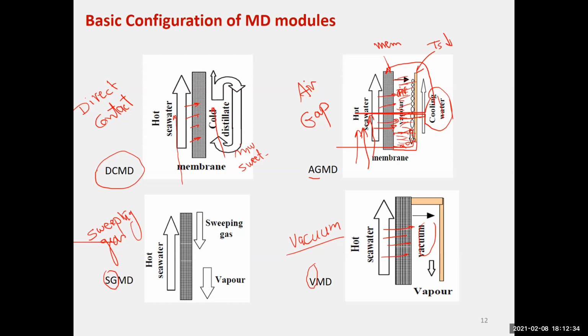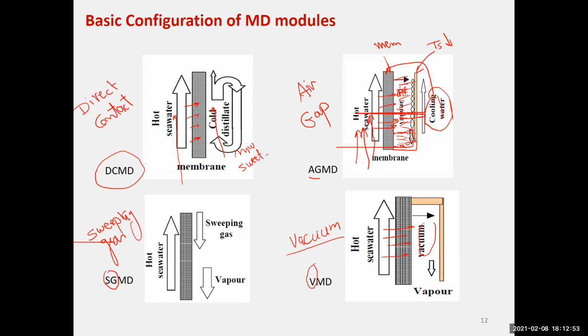You can say the same thing about the HDH system, because air is passing, air carries the water vapor from a location and transfers it to another location. The sweeping gas is going to be air because this is the cheapest and most abundantly available gas that can be used.